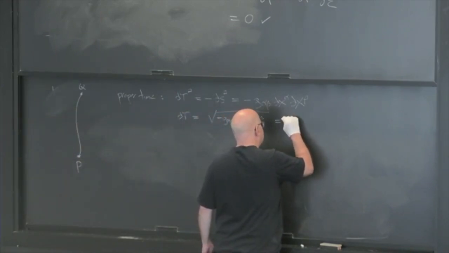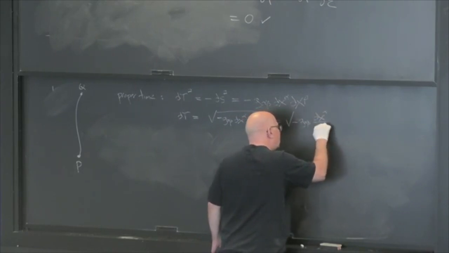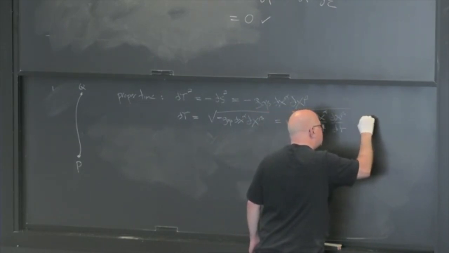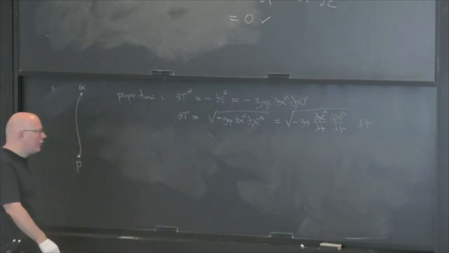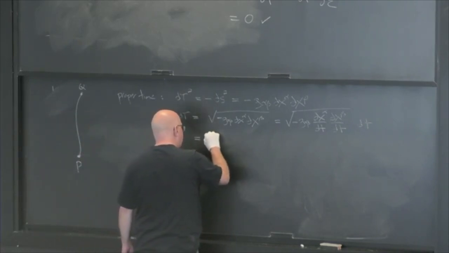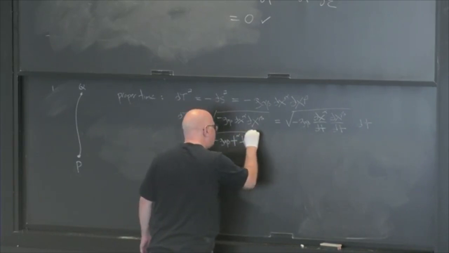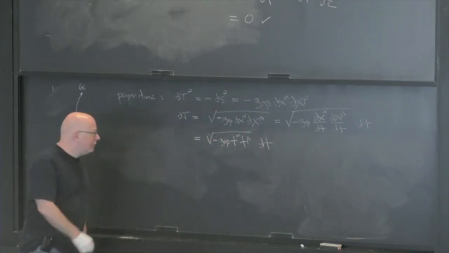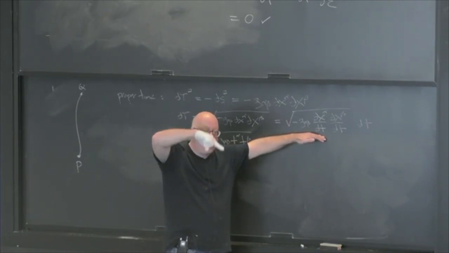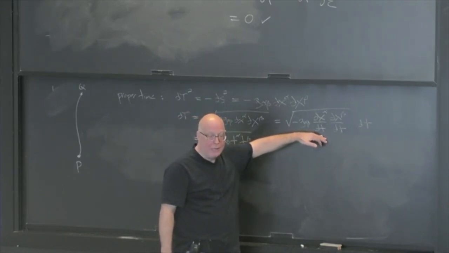Inside the square root, I will divide the coordinate increments by the parameter increment, and then I'll compensate by multiplying by dt, so that at the end of the day, my infinitesimal of proper time along the curve I can express in terms of the t vector, because it's understood here that when I'm differentiating with t, I move along one of those curves, either the reference curve or any of the variation curves, keeping epsilon fixed.